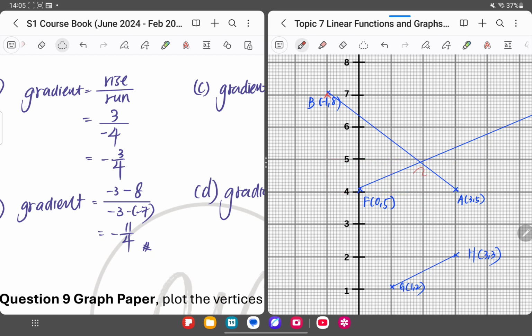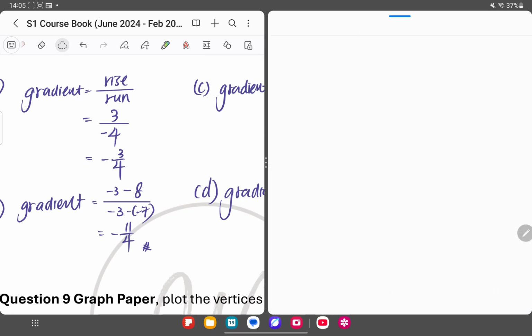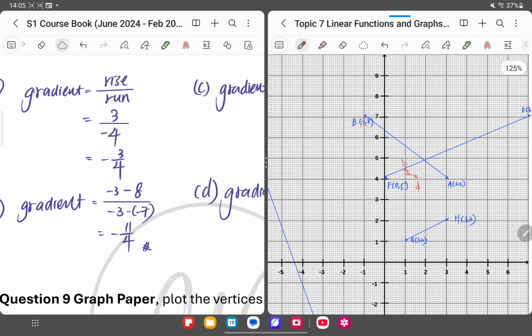So what are you trying to do? You are running 4 units from here to here, and then go up there by 3 units. Okay, so that's why we have 3 and 4. But because the line is going down, so we will add a negative. Okay, so it's always the change in rise, your rise divided by your run, rise over run.